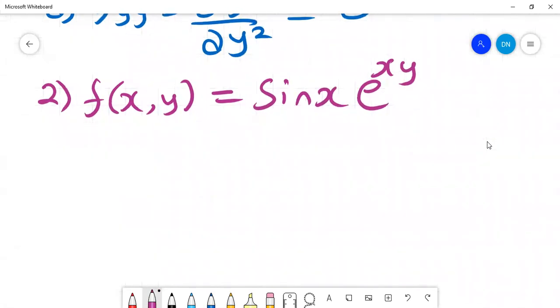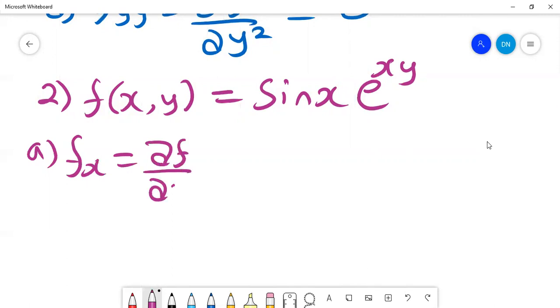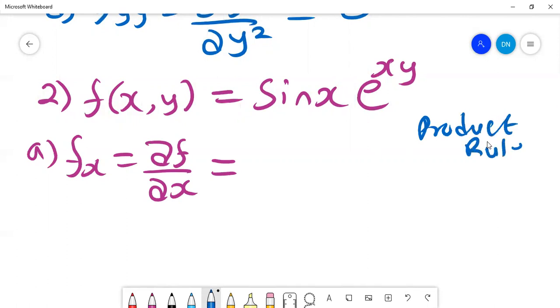So based on that problem, we want to solve the first part, that is f of x, which we can write as df over dx. And therefore, I'm going to use the product rule to be able to work with this.